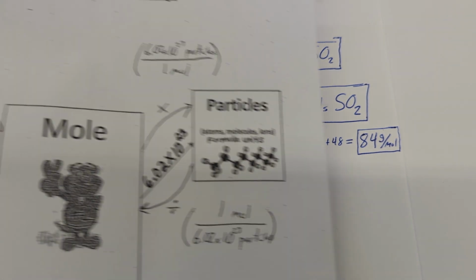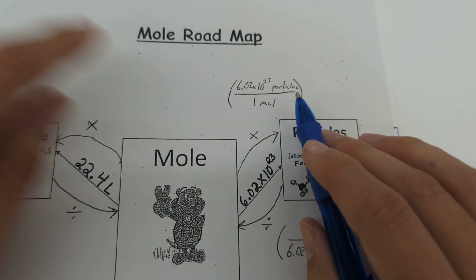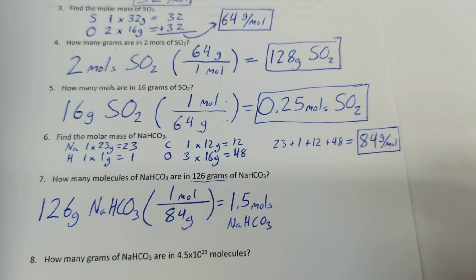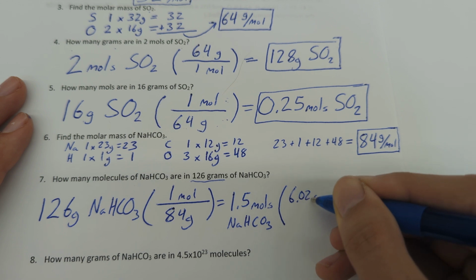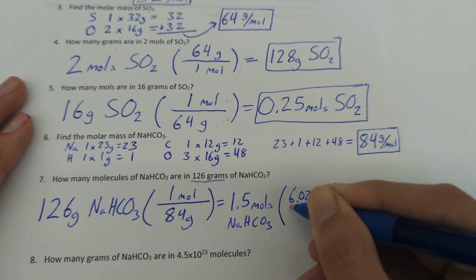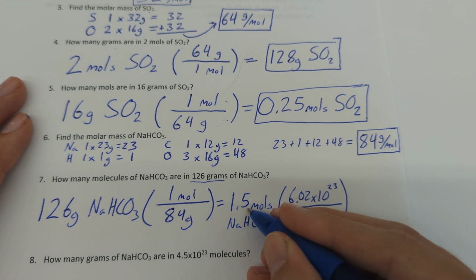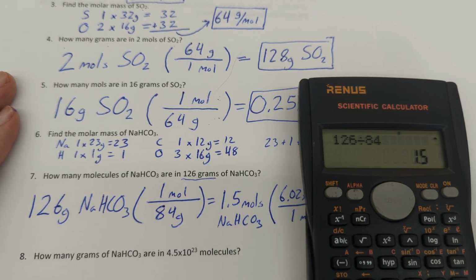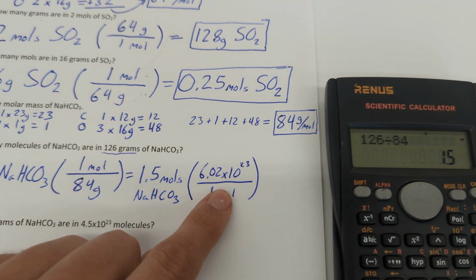So now we got moles. So I just got one more step to get to molecules. I have to multiply by Avogadro's number. So this is what it's going to look like. 6.02 times 10 to the 23 molecules over 1 mole. So I take 1.5, which I have in my calculator already, and multiply by Avogadro's number.